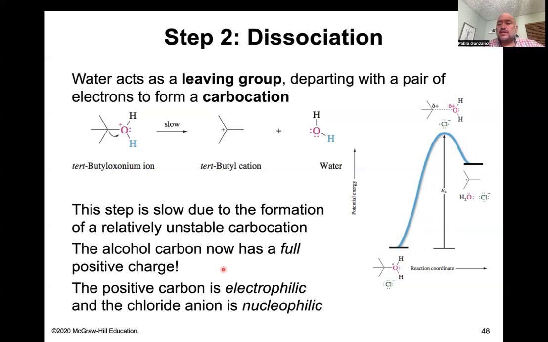The positive carbon that we create here in the carbocation is now the electrophile, and the chloride ion, which has a lot of electron density, is going to be the nucleophile. And as I mentioned before, organic chemistry is when a nucleophile attacks the electrophile.